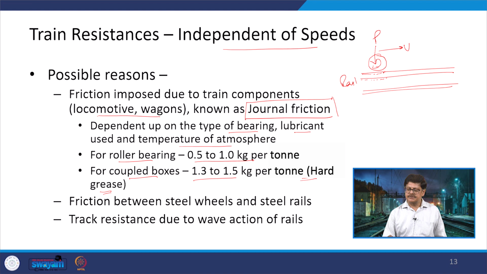When this happens, it causes a bit of a raising effect of the rail at the front of it. If this wheel comes to another location here, as it keeps moving, again there will be this type of deflection, but in between a wave got created, and this wave gets moving along this rail section with the movement of the train, the wagons or the locomotives.